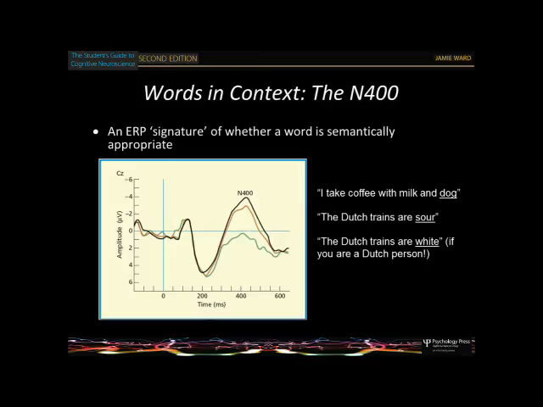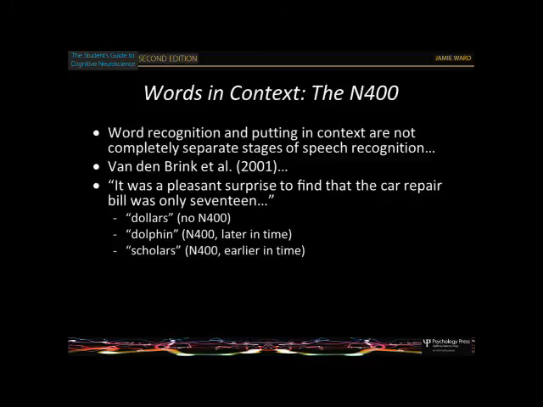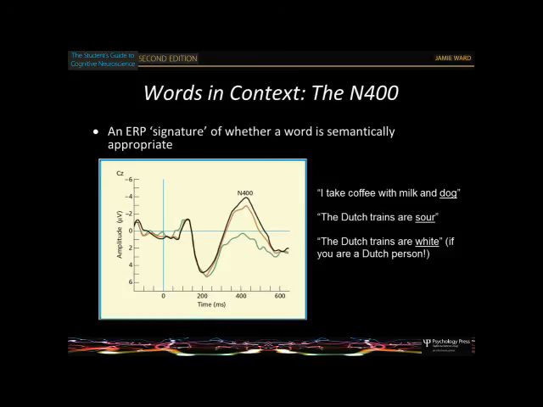So how can we link this back to the previous ones? One interesting question is that this N400 is a marker of when a word is being put into semantic context, so that you know whether this word is appropriate. But how would this differ if you've got a word that has an early or late uniqueness point, for instance?